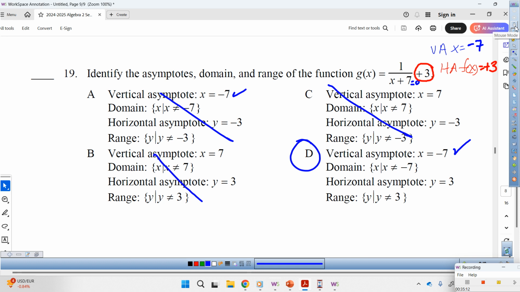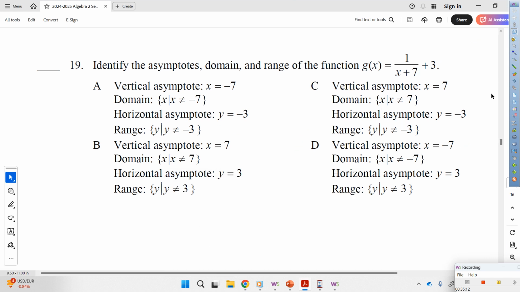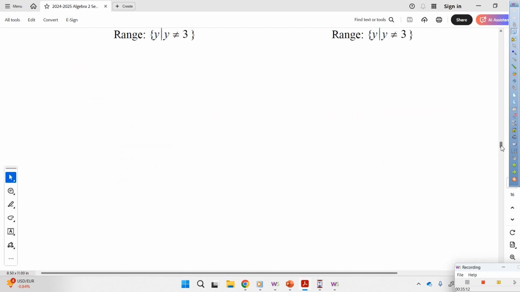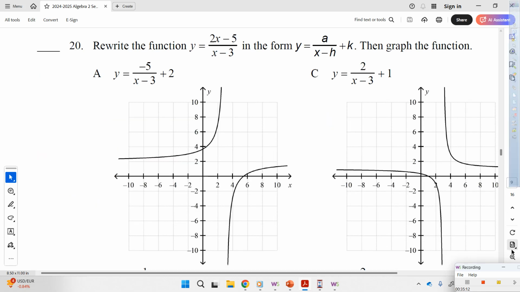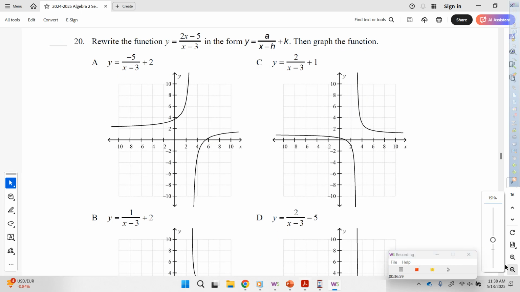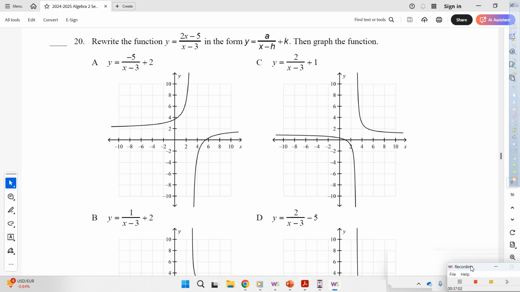All right. Let's go to number 20. We're rocking and rolling. Number 20.